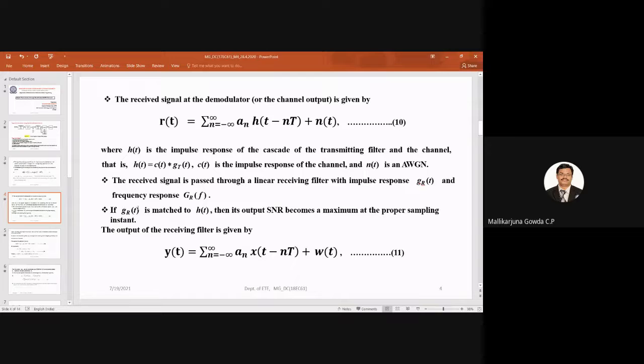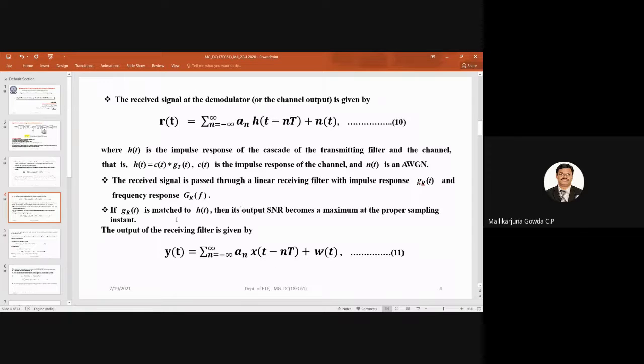In the time domain, if the impulse response of the receiver filter is matched to the impulse response of the channel output, then its output SNR will become maximum, right? And if you do the proper sampling at the instant.